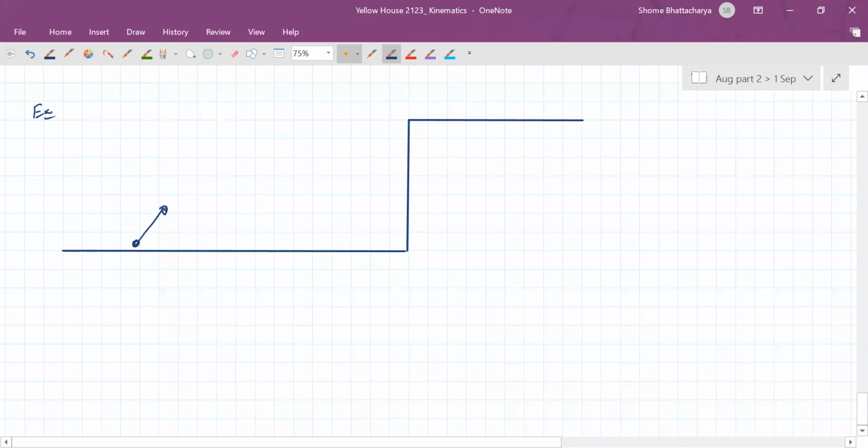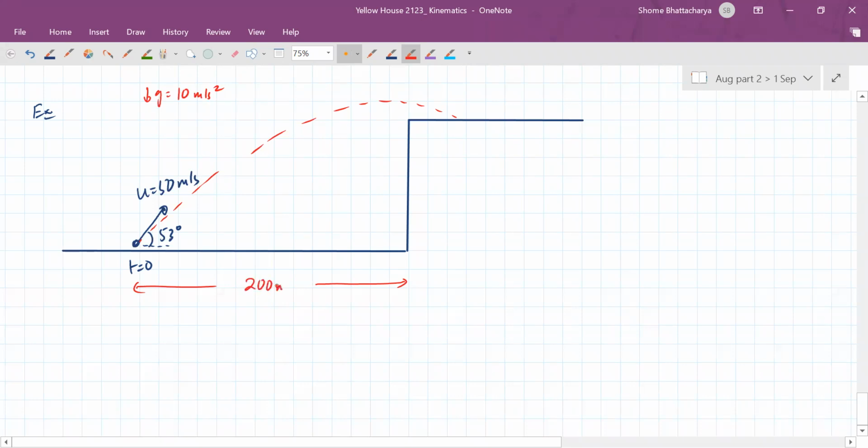We are projecting at 50 meters per second at an angle of 53 degrees to the horizontal at t equal to 0, and it lands like this. We'll take g as 10. This distance is 200 meters.